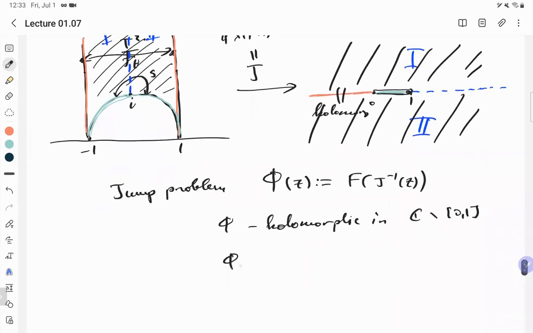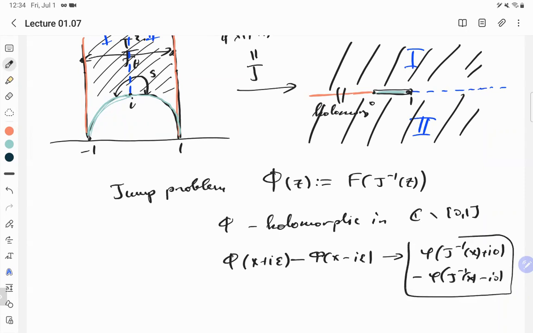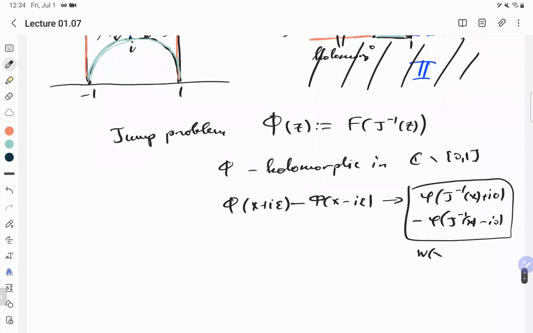And when you approach this interval from above and from below, you pick up, up to some constant multiple, the value of phi at the corresponding point. Again, it's a little bit more tricky, but if you ignore the difficulty in defining this, you just call this W of x.